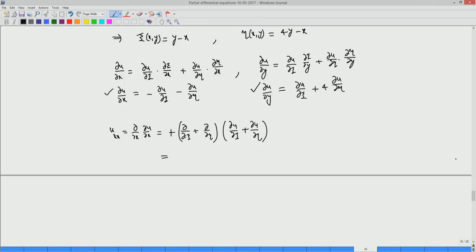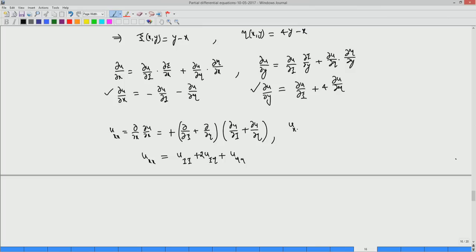If you apply this, you have uξξ plus uξη plus uηξ, they are continuous. So, you have 2 times uξη, and uηη. That is all. Okay.